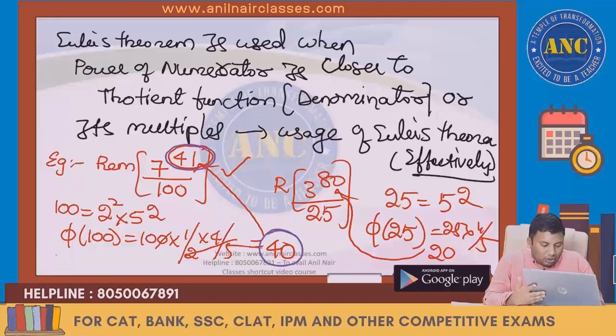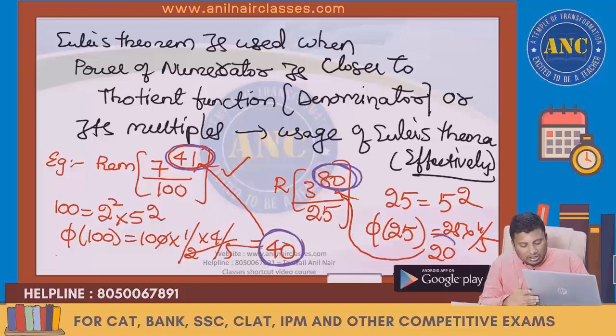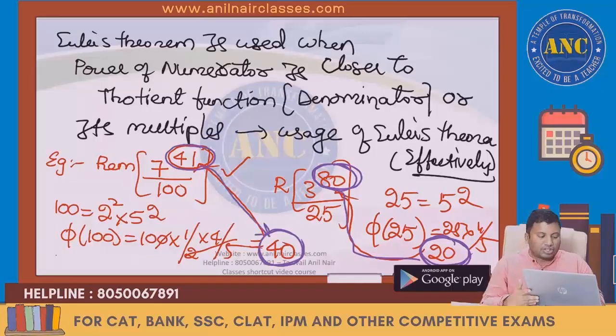If the power of the numerator is closer to the quotient function of the denominator or its multiples, Euler's theorem is used effectively.